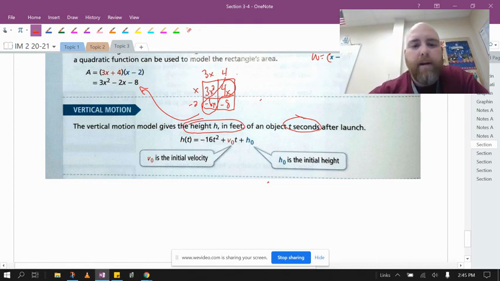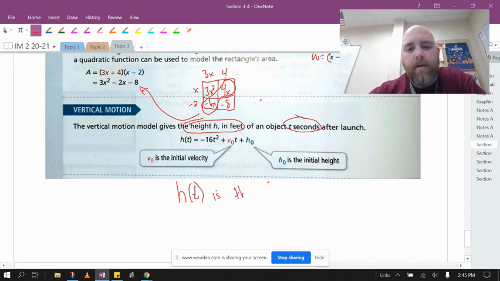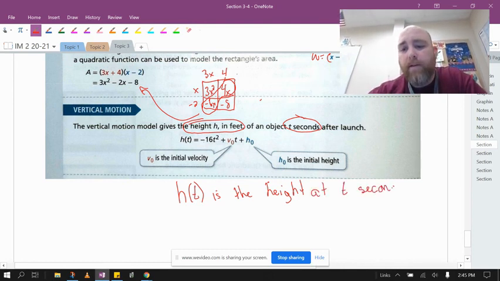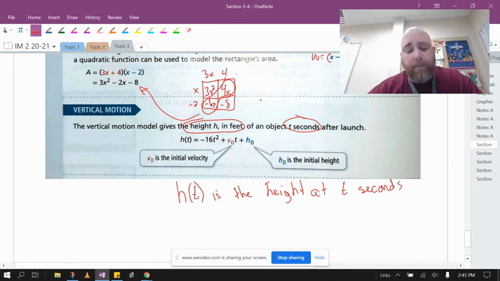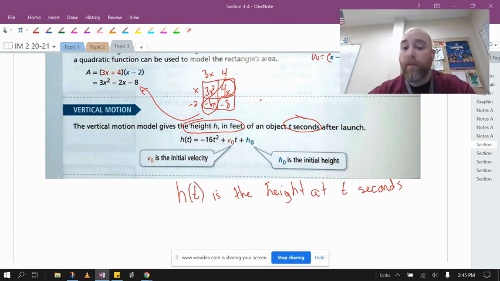And so, again, h of t is the height at t seconds. So you can see his height at any number of seconds. You just plug it in. However, depending on how high you were, that height might be negative and you can't go into negative. So there you go.